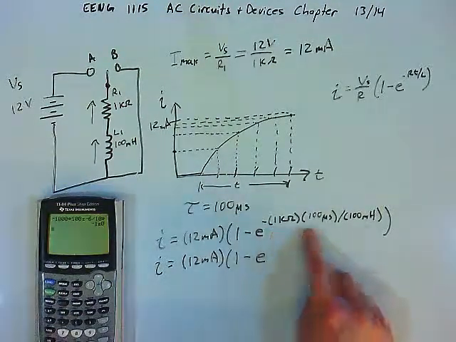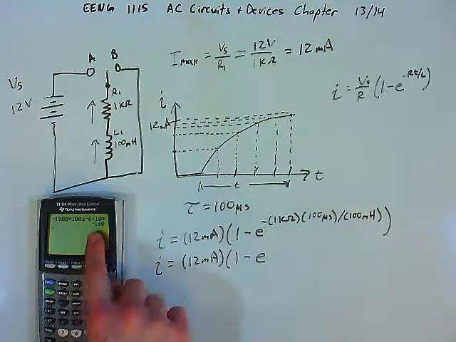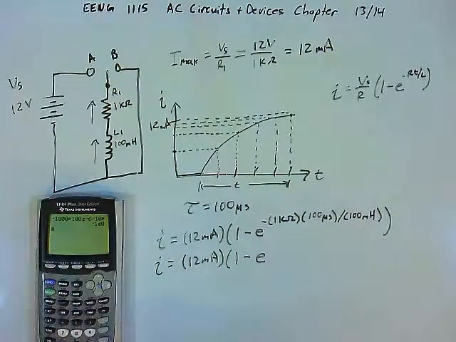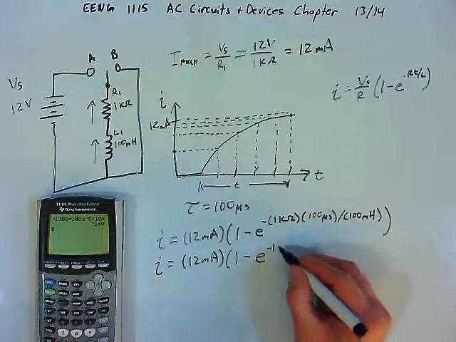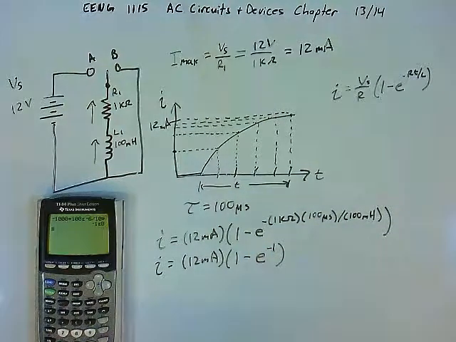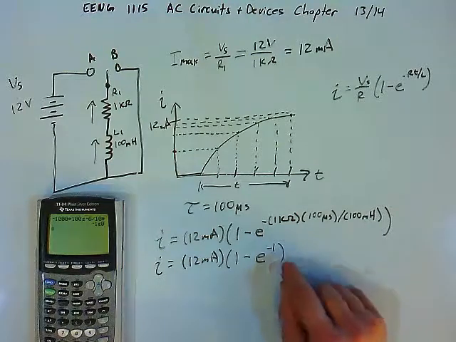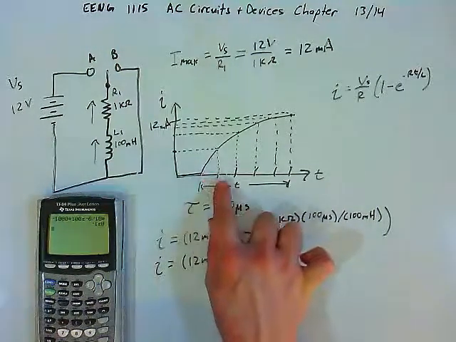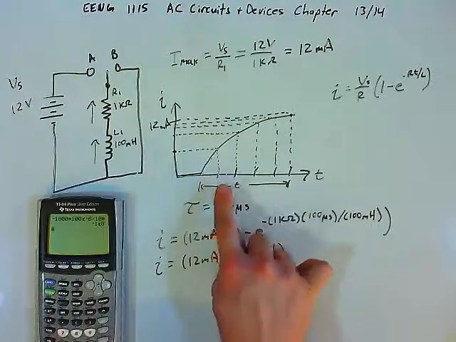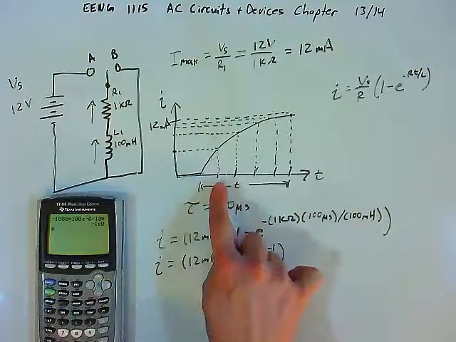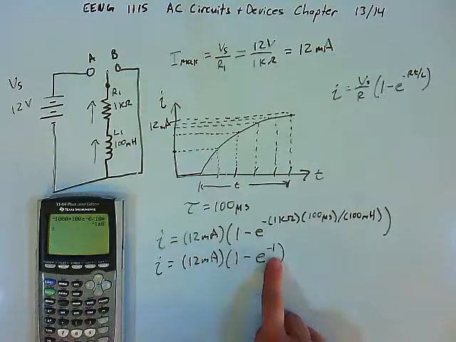And so the exponent here evaluates to be negative 1. And if you remember from DC circuits, it's not a coincidence that this worked out to be negative 1 in this case. The exponent always works out to be the number of time constants that we're looking for. The amount of time that we've let pass in this example was 1 time constant. That's what the exponent evaluated out to be.